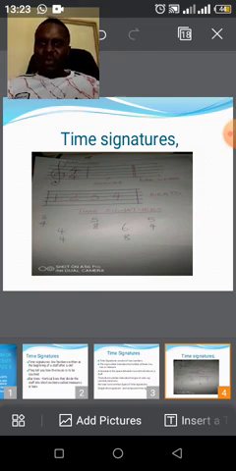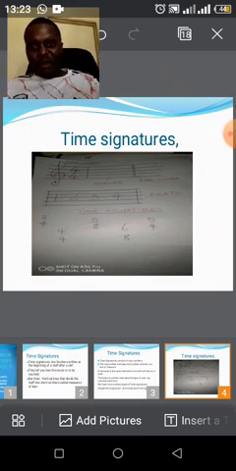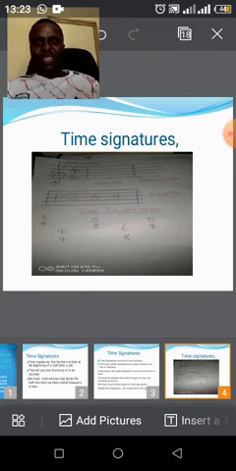So what you are supposed to know is the top number, which represents the number of beats, and the bottom number, which represents the type of note. The types of notes that we have are the crotchet, the minim, the quaver, the semiquaver, as well as a semibreve.